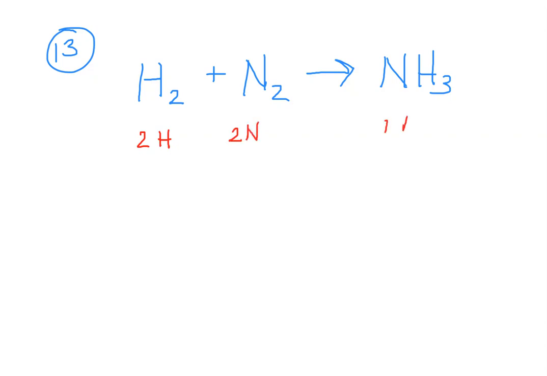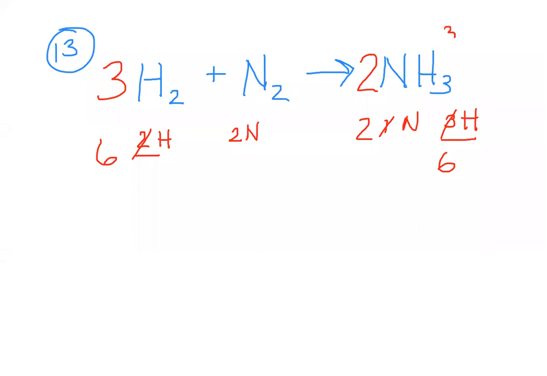Here we have 1 nitrogen and 3 hydrogen. Since the hydrogen is 2 and 3, I would put a 3 here and a 2 there. So now we have 2 nitrogen, and we have 6 hydrogen, and 6 hydrogen, and everything is balanced, and our coefficients are 3, 1, 2.